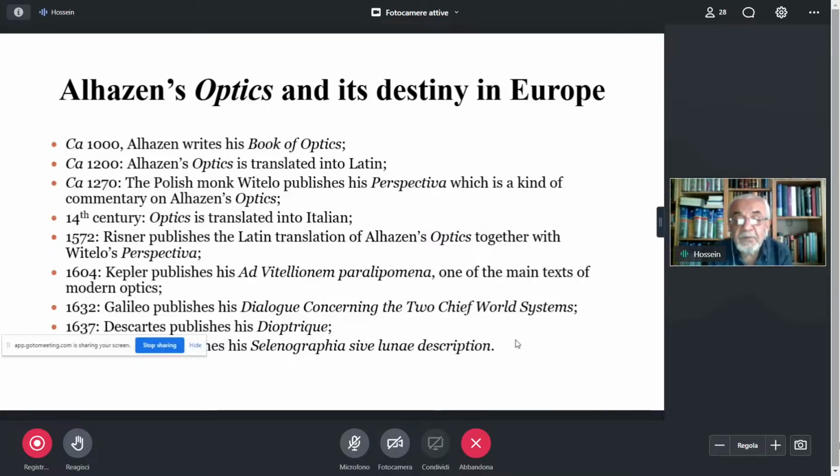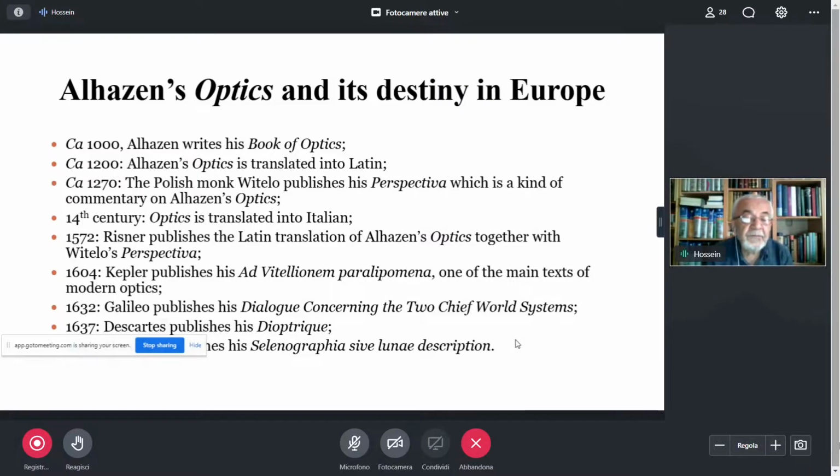And this book was a kind of commentary on the optics of al-Haytham. The Optics was also translated into Italian in the 14th century, which was not a very common event because at that time, Italian was not a language usually used for science.